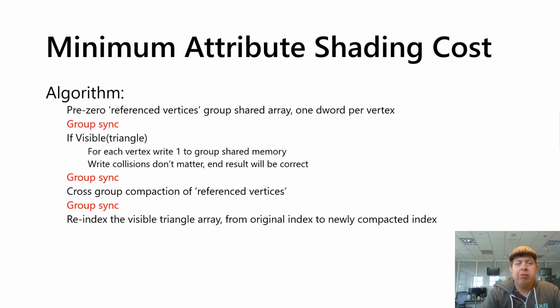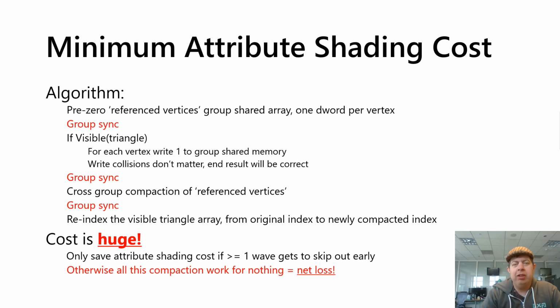Then we have to do a cross-group compaction of all the referenced vertices, and then we have to re-index the visible triangle array from the original index to the newly compacted index. That's fairly expensive, and we're only going to get a saving if at least 1 wave gets to skip out earlier and not do any attribute shading work. This is one of the places where wave 32 can be a win over wave 64, but I couldn't make this pay for itself.